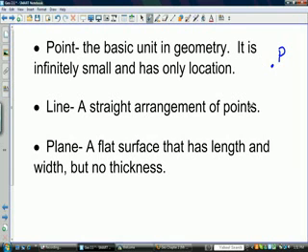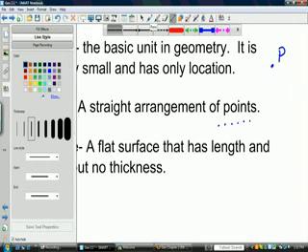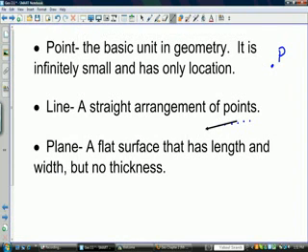Now, a line is an arrangement of points. So if I take a whole bunch of points, like so, they'll eventually go in a straight line. Now, a line goes in both directions forever.